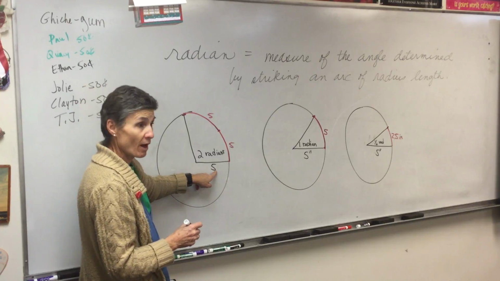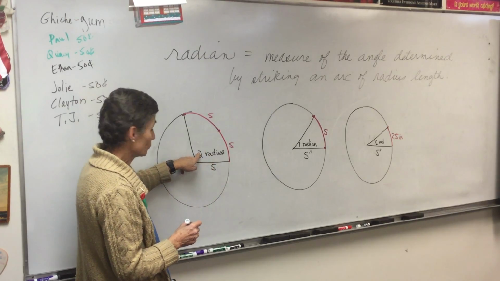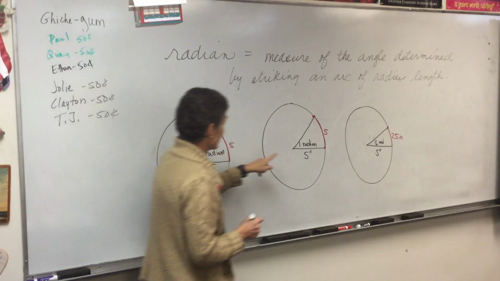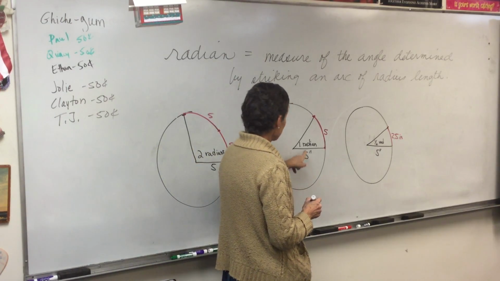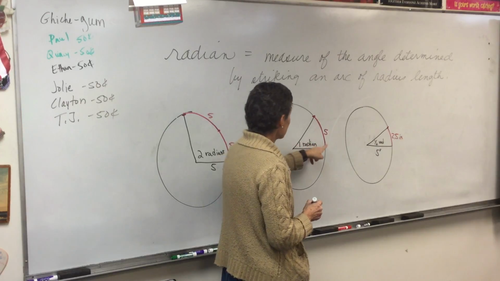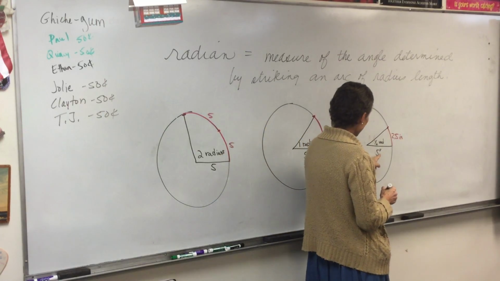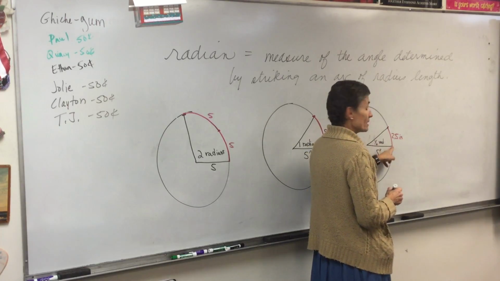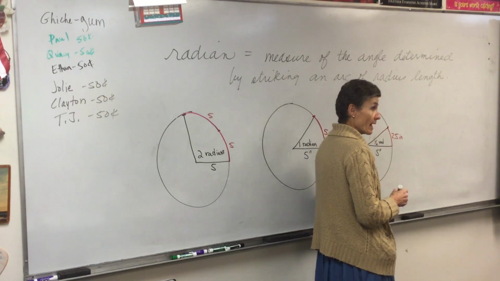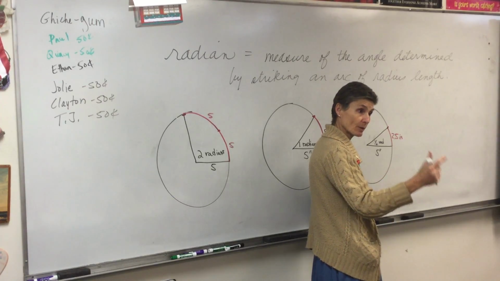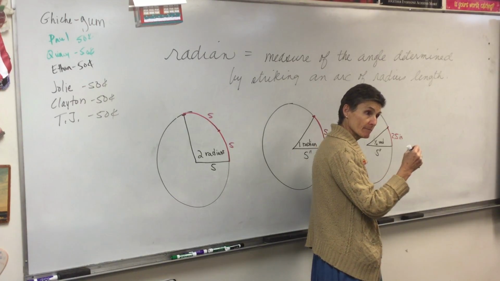If the radius was 5 and the angle was 2, the arc was 10. If the radius was 5 and the angle was 1, the arc was 5. If the radius was 5 and the angle was 1/2, the arc was 2.5. So what can you tell me about angle, radius, and arc length?